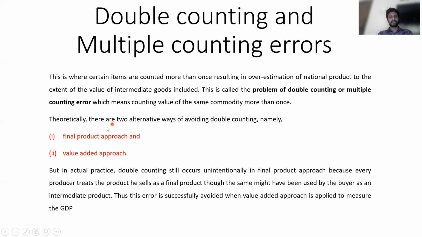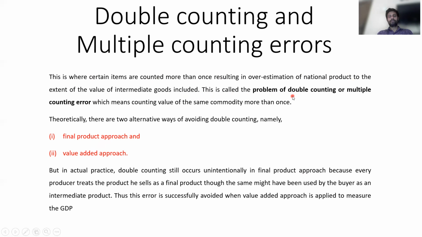There are two approaches in this case. One is the final product approach. The other one is the value added approach. First of all, this is where certain items are counted more than once, resulting in overestimation of national product to the extent of the value of intermediate goods included.